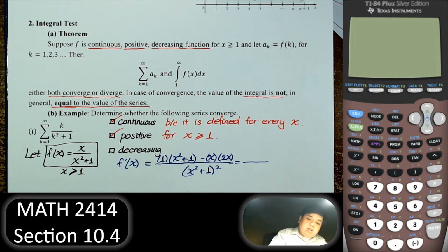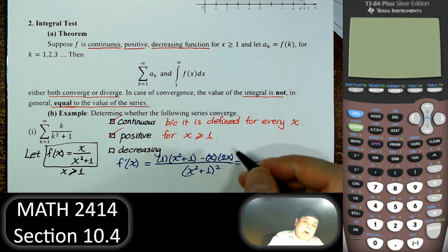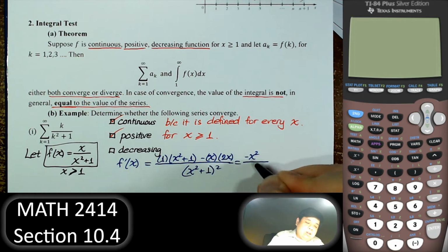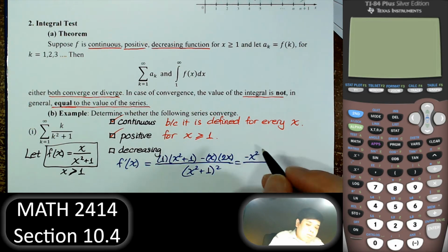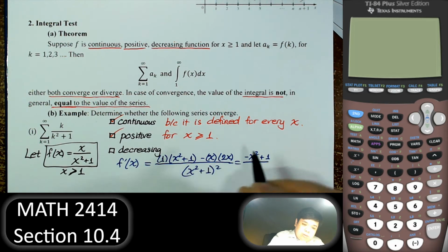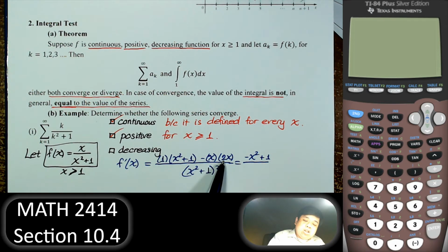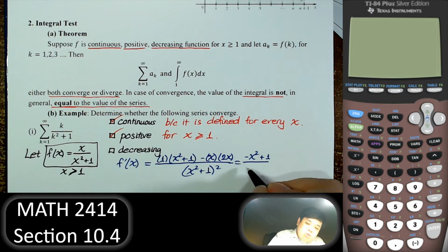So simplifying the top, x squared minus 2x squared is minus x squared, and then plus 1. So we have negative x squared plus 1, over x squared plus 1 squared at the bottom.